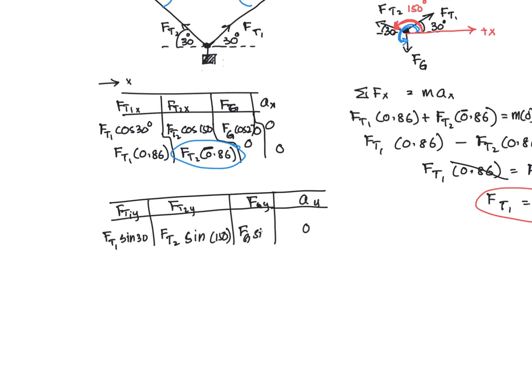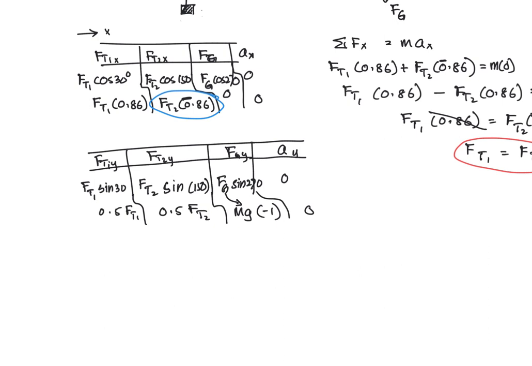Fg sine 270 here. So FT1 sine 30 is 0.5 FT1, and sine 150 also is 0.5, so 0.5 FT2, and then Fg equals mg, right? We know that Fg equals mg, and sine 270 is negative 1, and this side you have 0.